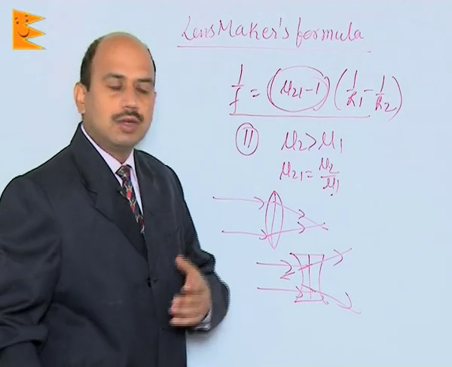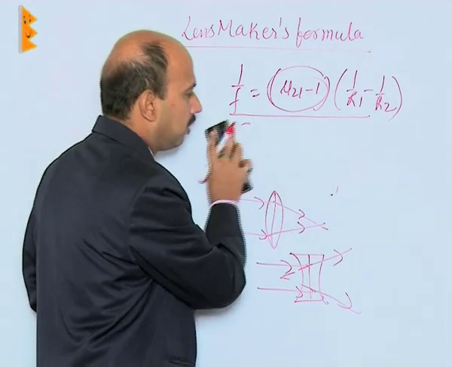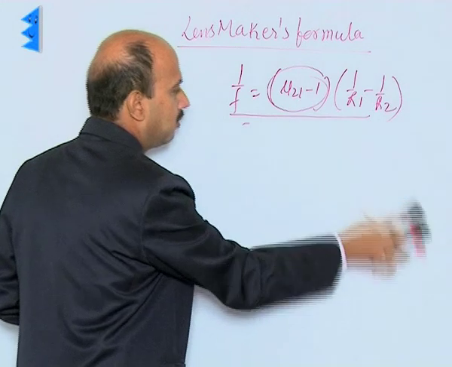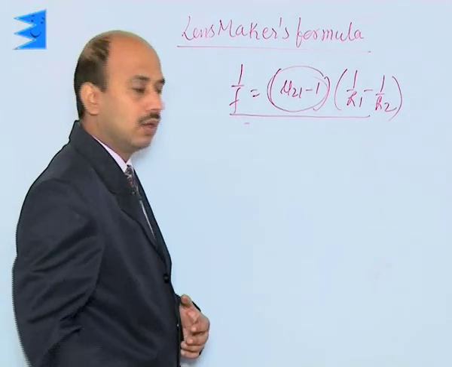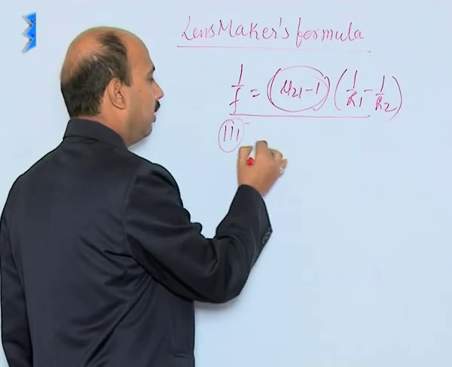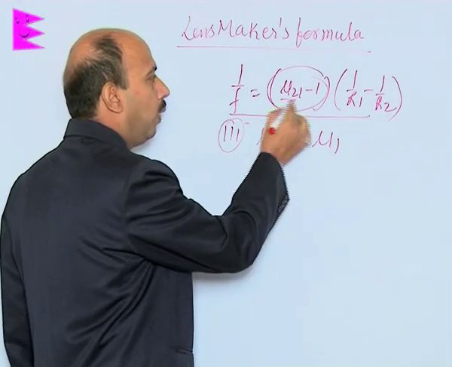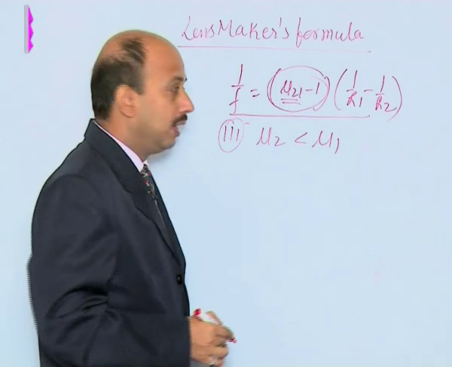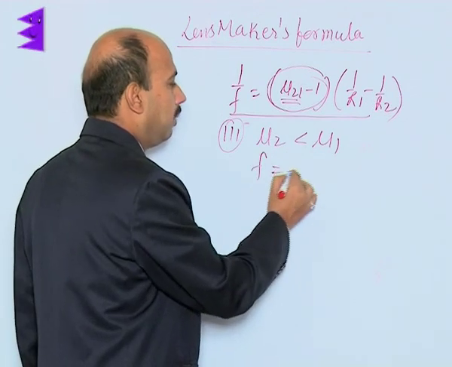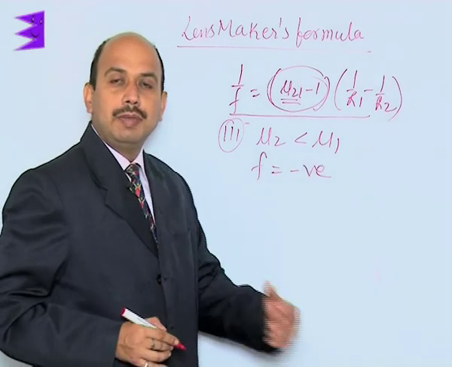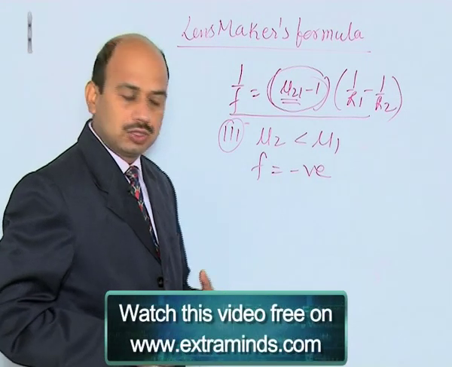Now, let us see the third case. In the third case, if you are taking mu 2 less than mu 1, then mu 2 1 is less than 1, and in that case the focal length will become negative. It means the nature of the lens will change.